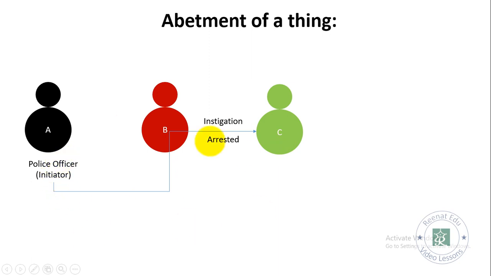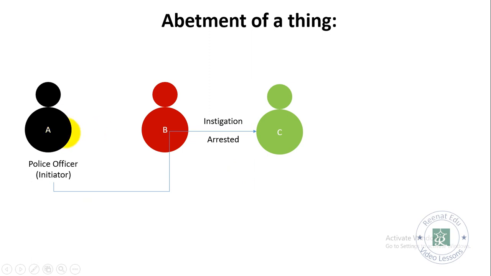Since this case is related to arrest, the police officer does not have a liability for arresting. But if this is some other crime, for example, the initiator is a thief and an abettor has given a plan, in that case he also gets punishment.